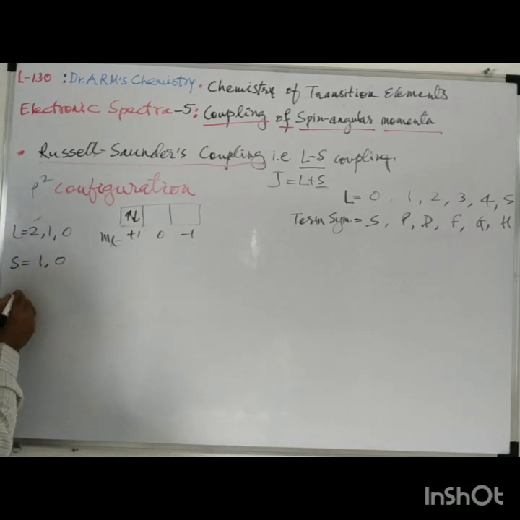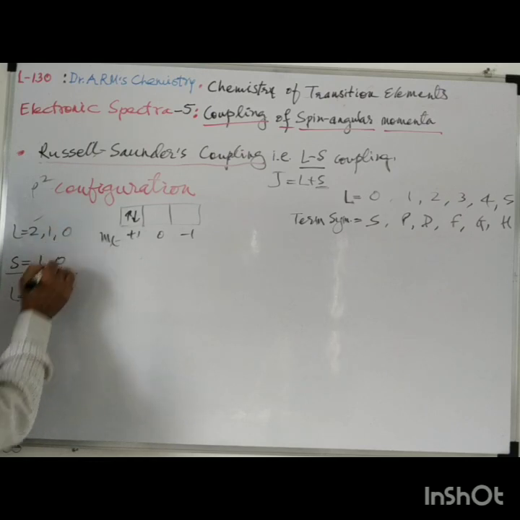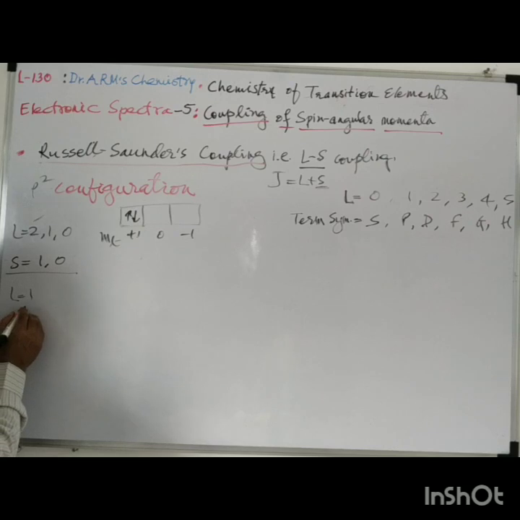Then we will see for the second, that is L is equal to 1; we have seen L equal to 2 already. Now for L is equal to 1, we will have this single arrow, for S is equal to 1. Here we are configuring L is equal to 1.